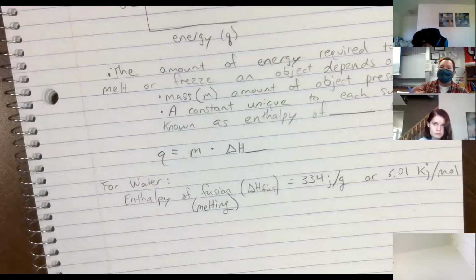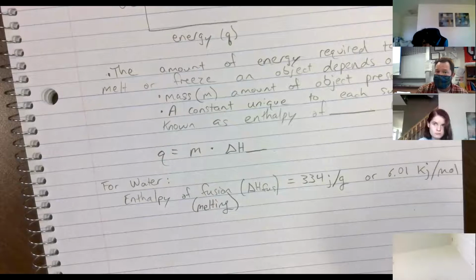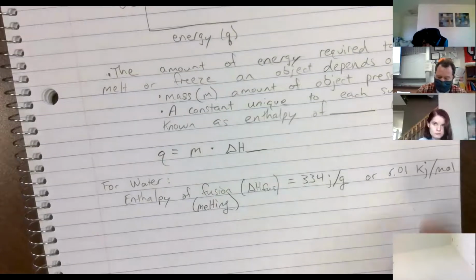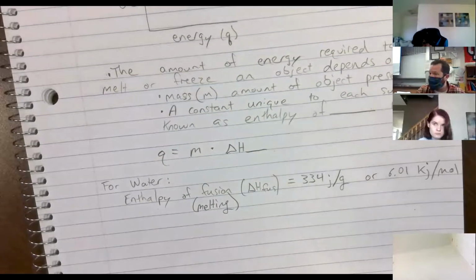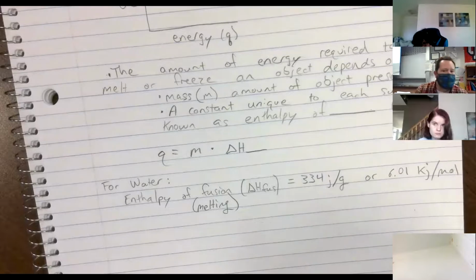Have to. You guys know how particular I am and how many points I take off when you don't include units in your work. Well, that's assuming you do the problem right and you just don't put units in. Well, in this chapter, if you don't put units in, there's a good chance you do the problem wrong and use the wrong value. And so not only am I going to take off points for not putting the units in, but I'm also going to take off points because you just didn't do the problem right.